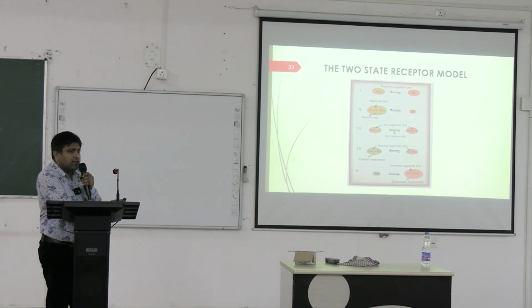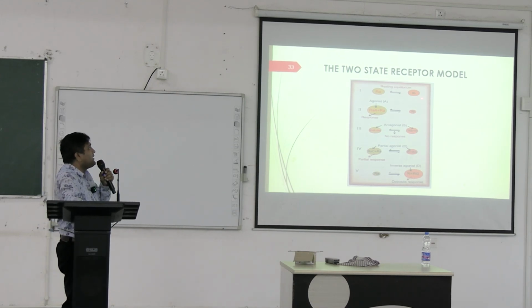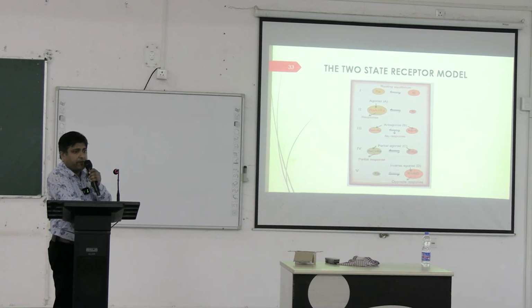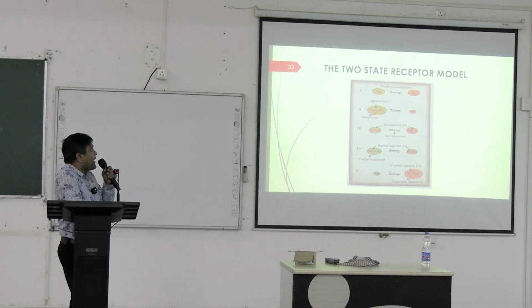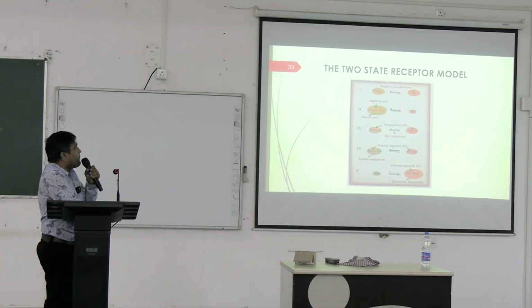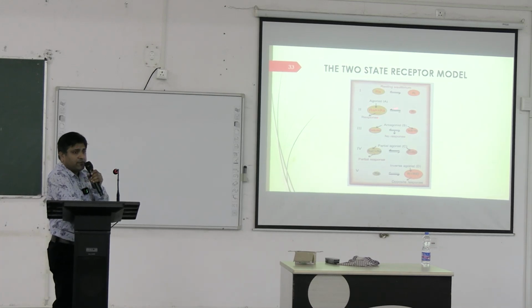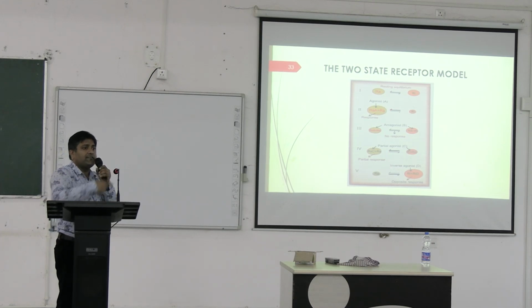Normally in the body, what does the theory say? They occur in the equilibrium state. Now when an agonist binds to the receptor, it preferentially binds to the RA form. As a result, by binding to the activated receptor form, the equilibrium is set towards the activated receptor site.